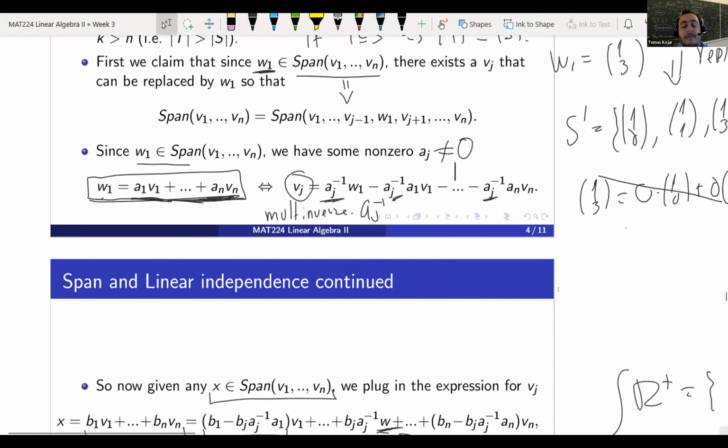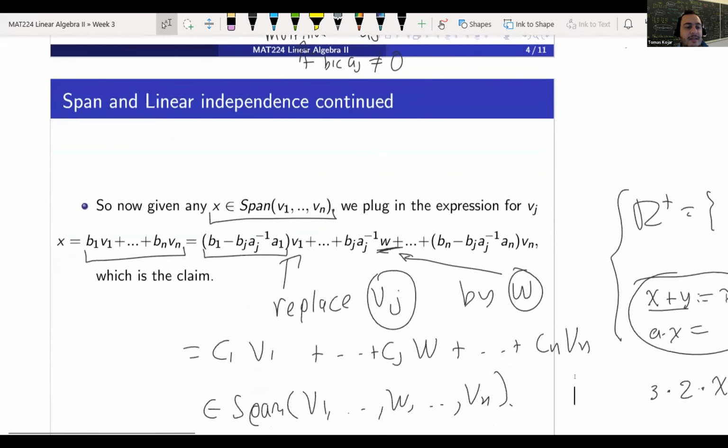Then using the field property of inverse, since Aj is not zero, we invert, so we isolate Vj. And now we can ignore it, right? You give me some arbitrary element X and I remove Vj. I just put W because I have an expression for Vj.